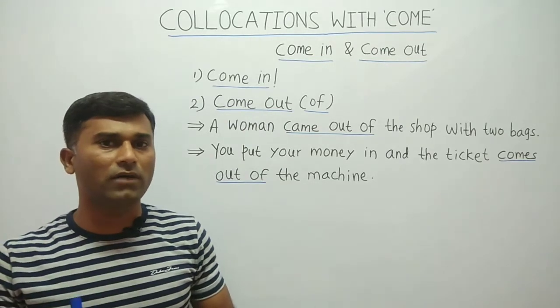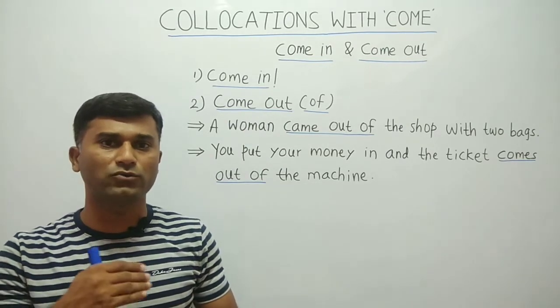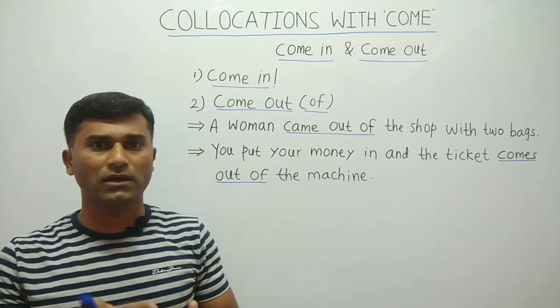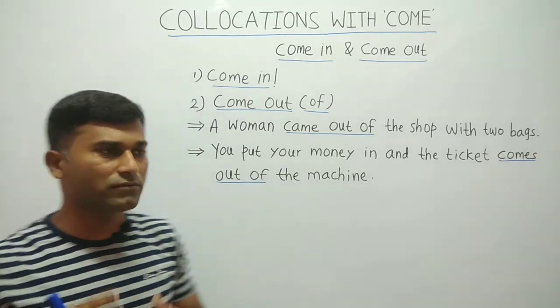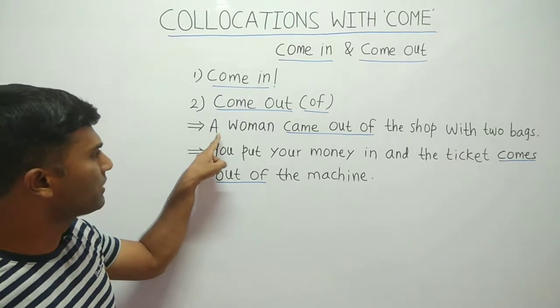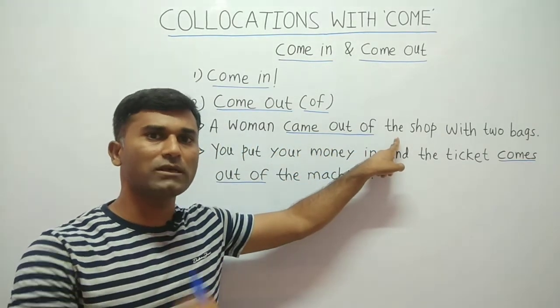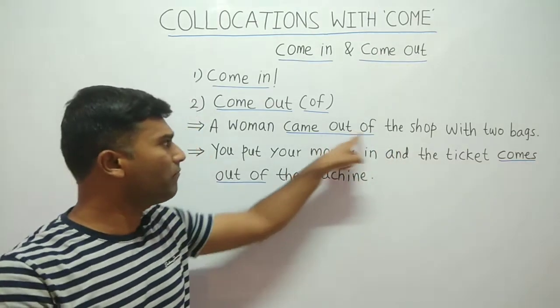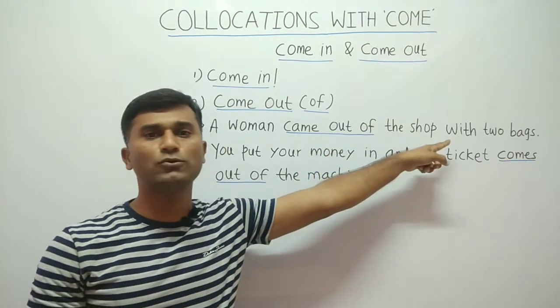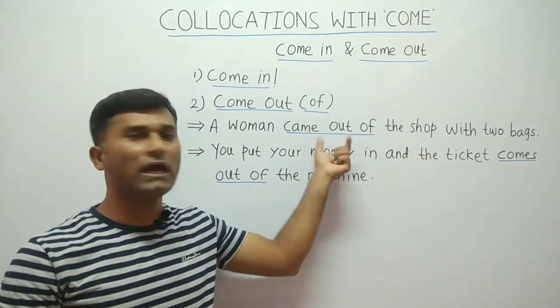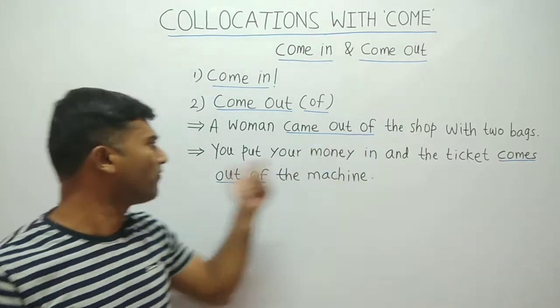Next is come out of. If somebody is in and that person comes out, we say come out. For example, see this sentence: a woman came out of the shop. The woman was in the shop, then she came out of the shop with 2 bags. So this is came out or came out of.